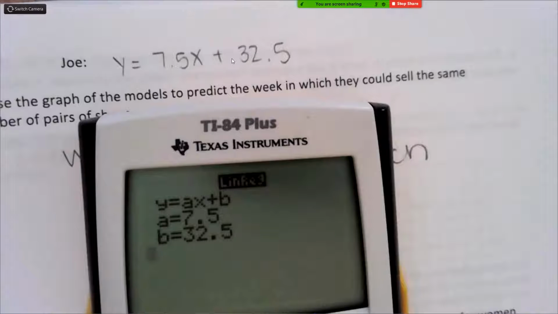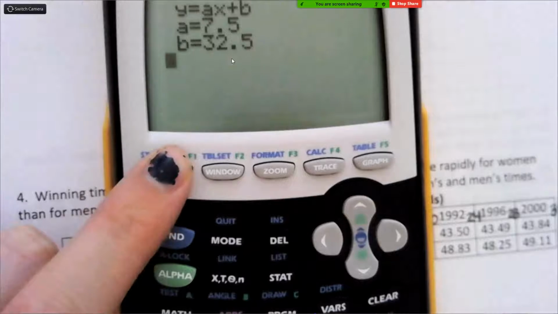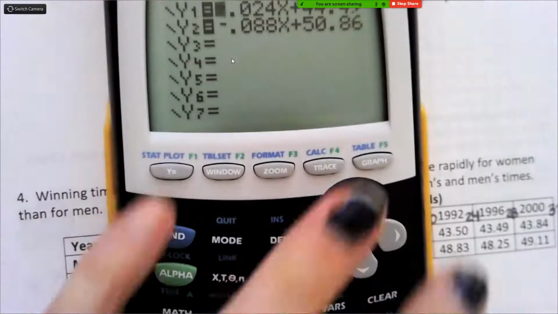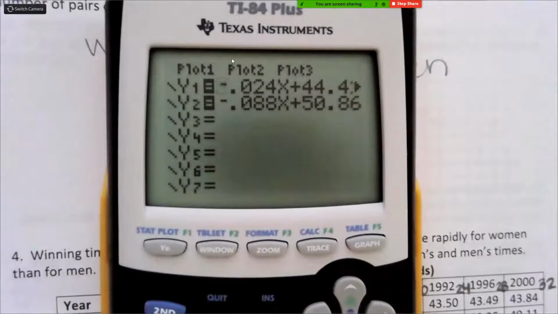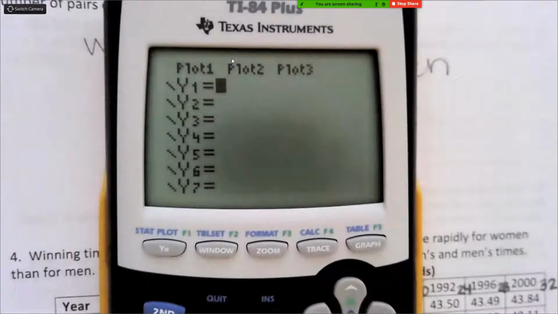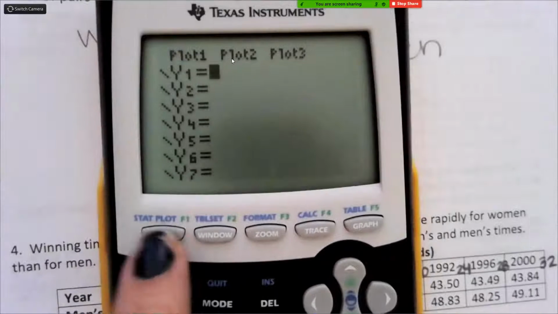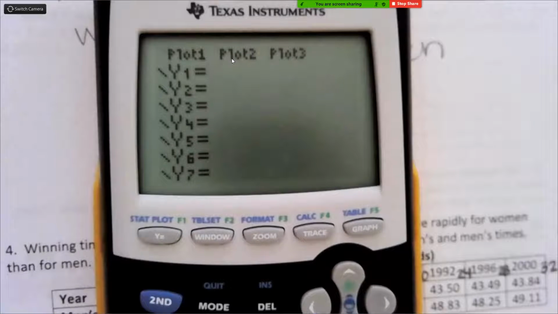So we're using our calculators to find information like we did in the past. So what you're going to do is you're going to hit y equals. If there's stuff typed in there, go ahead and hit clear. Get rid of whatever's typed in there. So you're going to y equals right here.